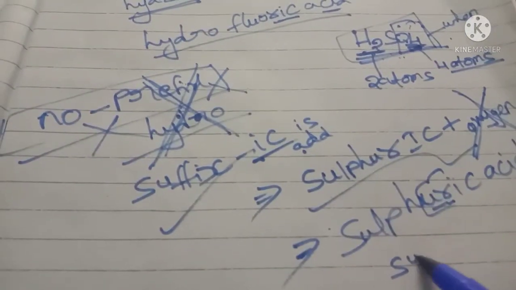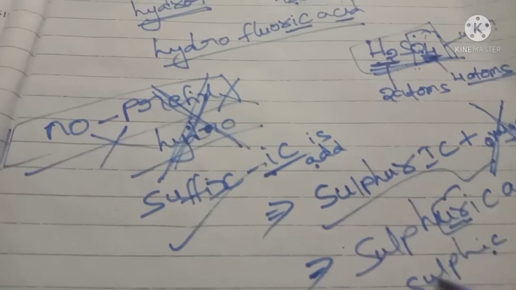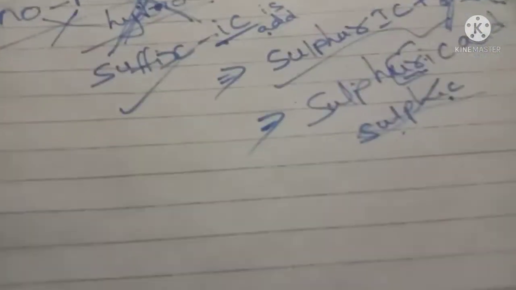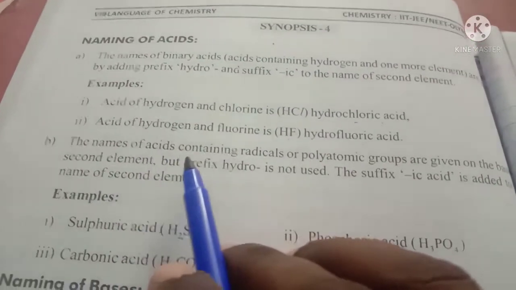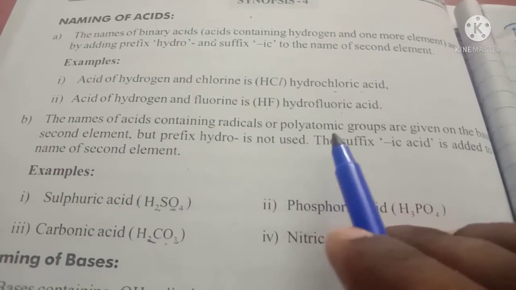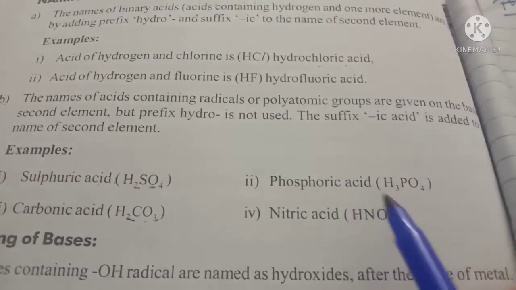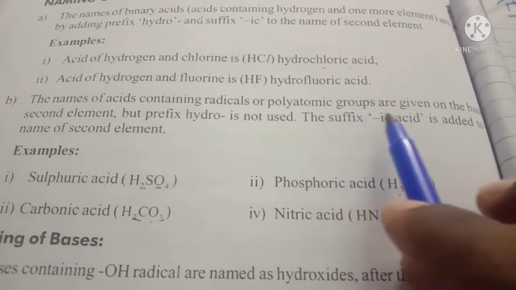Then what will it become? Sulfuric acid. Okay, see here. The names of acids containing polyatomic groups or radicals: radicals means these H2SO4, all these are radicals or polyatomic groups.